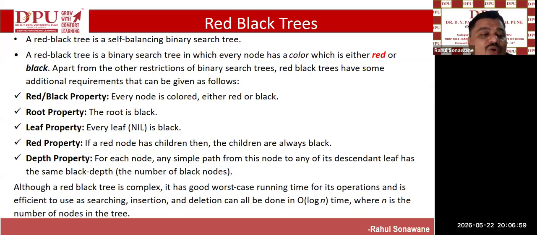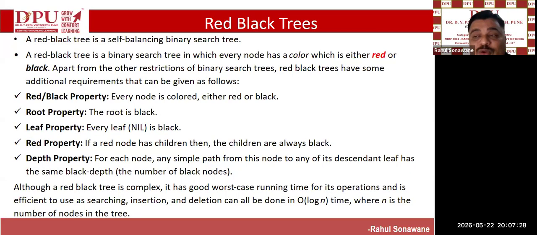Let's move on to the next property, called the red property. If a red node has children, then the children are always black. If it is not so, then we have to perform rotations or the recoloring mechanism that we will discuss on the next slide.